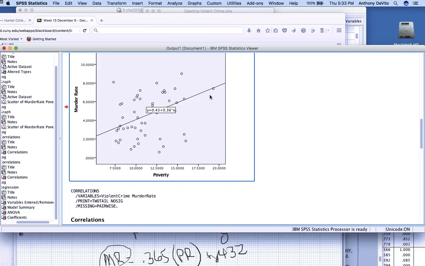If I see that the slope for the poverty rate and murder rate is 0.365, but the slope for the percentage of single mother families is 0.825, which is much greater, I might say to myself, I want to put my public health money and funding into supporting single mother families rather than specifically targeting the poverty rate. You know what I'm driving at? The slope of that line tells us how much changing the poverty rate or one of the other variables will affect the murder rate in this case.